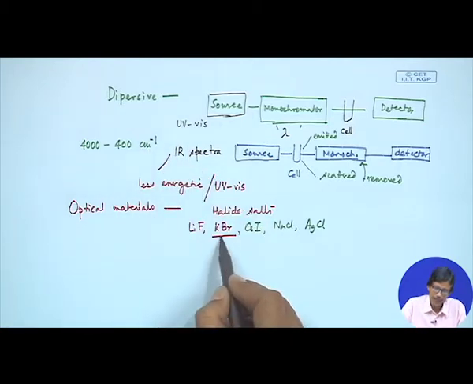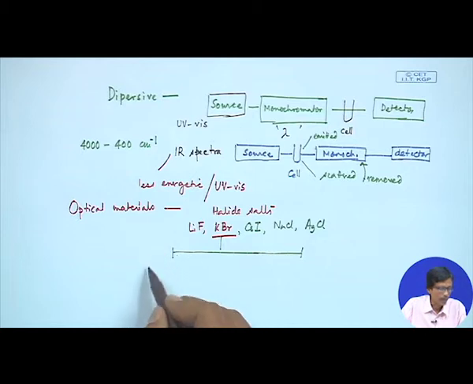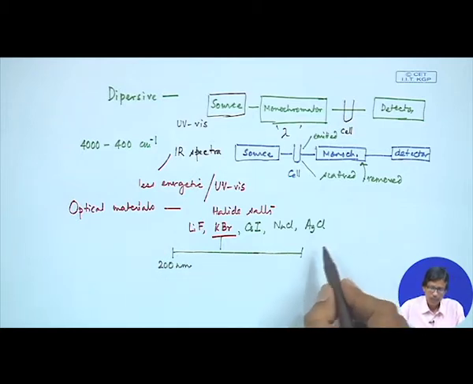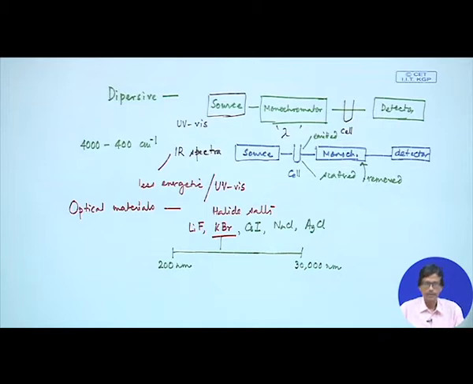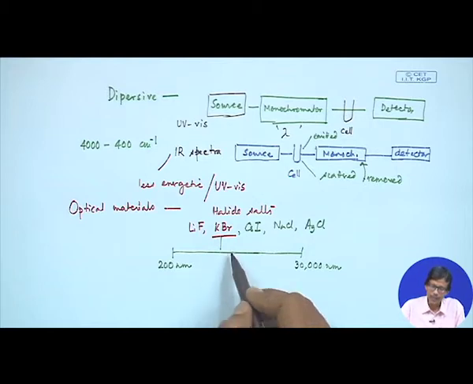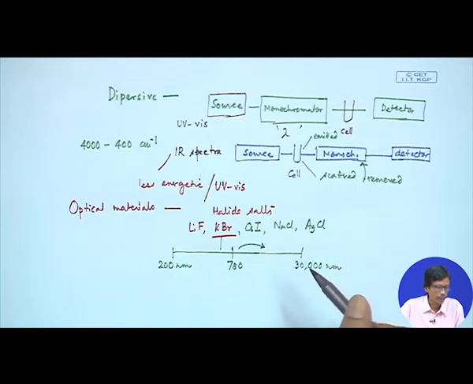So, this KBr basically giving us a window of this IR radiation starting from 200 nanometer, what we use in UV visible spectra, to 30,000 nanometer wavelength. So, longer wavelength region, which we all know is beyond 750 or 780 nanometer. If it is 780 nanometer, we are entering into the IR range.